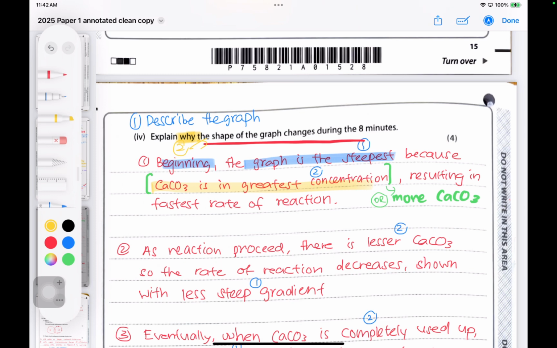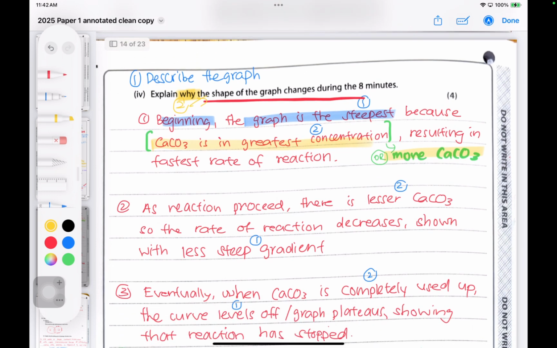You could say that calcium carbonate is in the greatest concentration, or if that's a little lengthy and hard for you, you could say that there is more calcium carbonate in the beginning, somewhere along that line. That's the reason why the graph is the steepest.